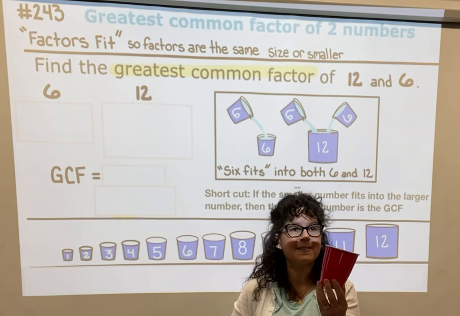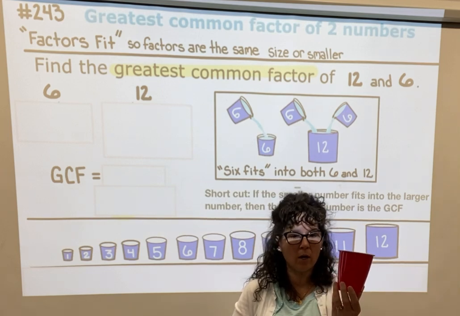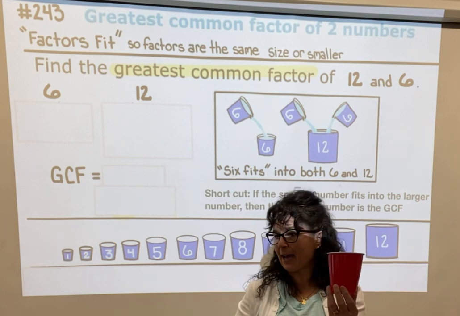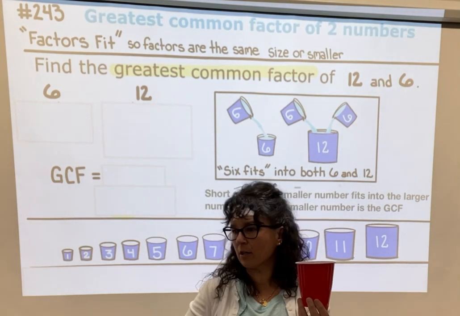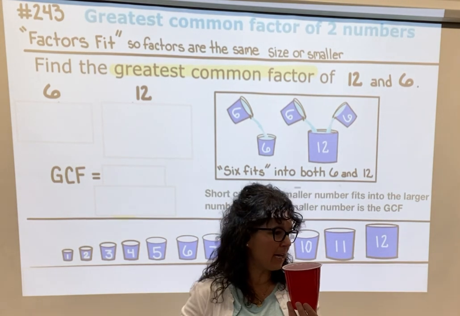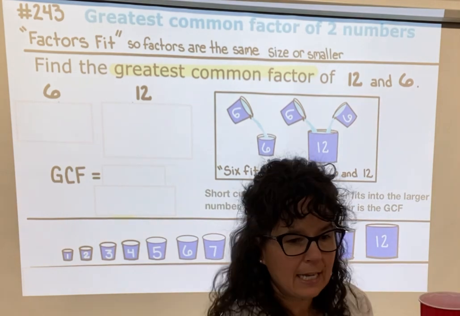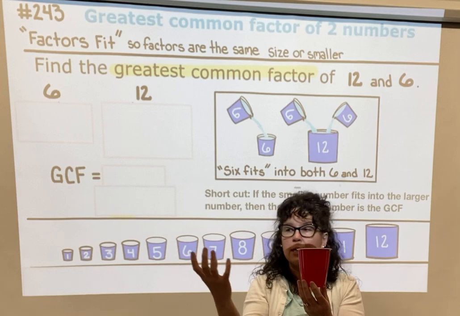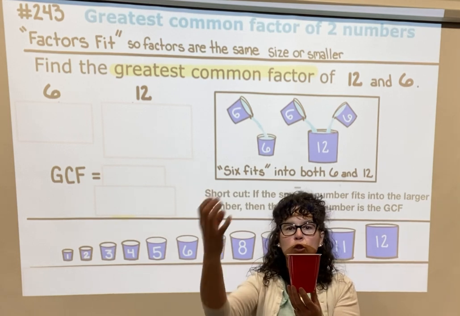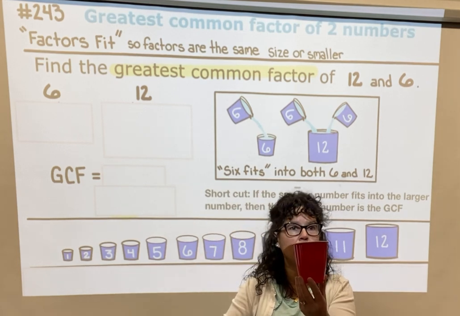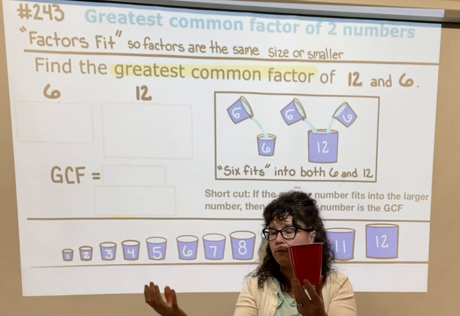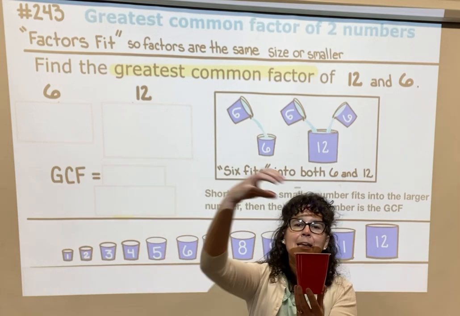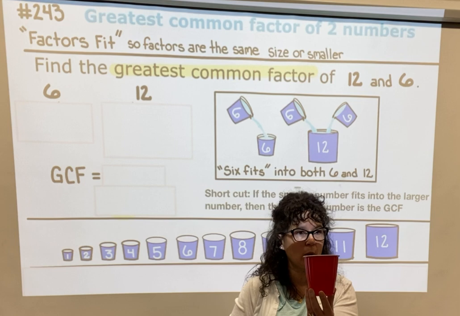Some other numbers that fit into 24, let's say that I have a smaller cup that holds 12. If I fill up the cup that holds 12 and dump it in, there's 12 in here so far. I fill this 12 cup up again and dump it in. 12 plus 12 is 24.